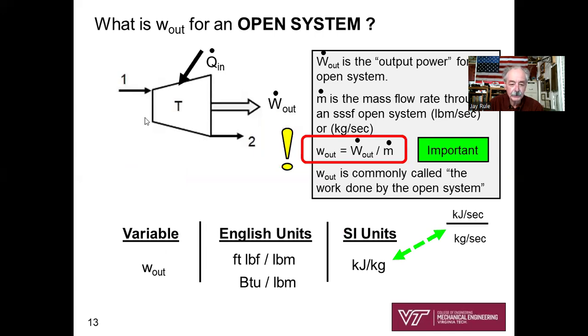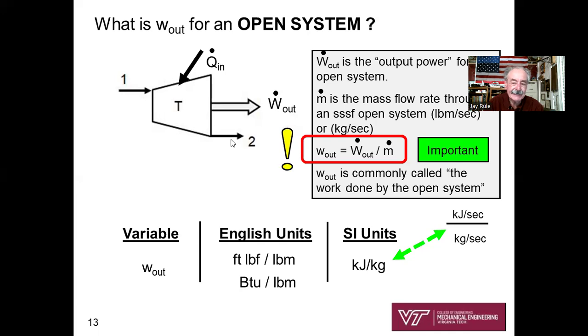Now, you may have already been introduced to open systems. If not, I'll give you a little crash course. This is a schematic sketch of a turbine in which there is a gas flowing into a turbine with a rotating shaft. That same gas is flowing out at the same rate for this example.